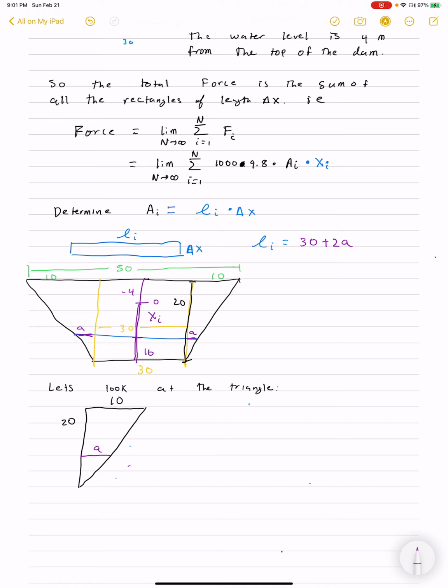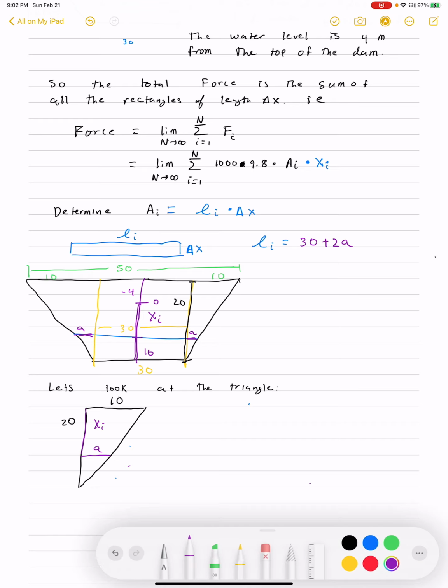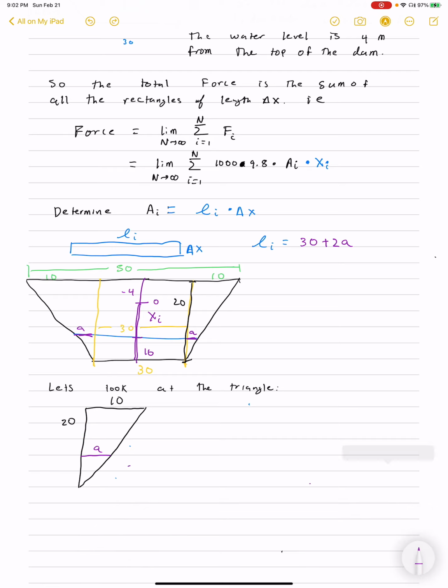Okay, so some of these measurements get a little bit mixed up. I have an x sub i, and here is x sub i right here. But excuse me, one thing I need to do is that this x sub i is from here to here, right?